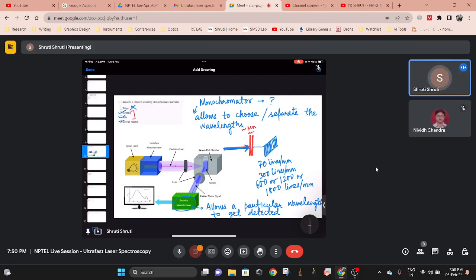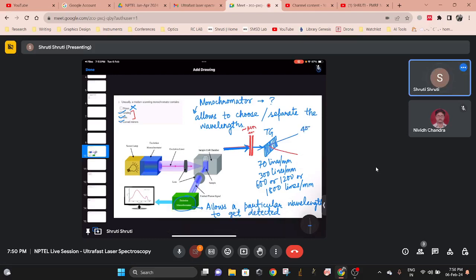Then upon hitting the grating, which is a transmission grating, it will not absorb anything, it will simply transmit all of the light, but it will distribute the wavelengths. Red is going to go down, and this side will be violet.